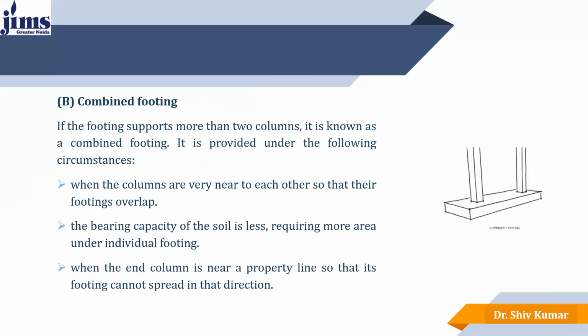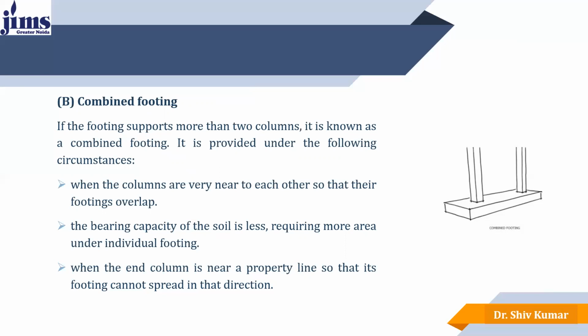The next one is the combined footing. The combined footing is provided based on the following conditions mentioned in the PPT: when the columns are very near to each other and it's not possible to provide an individual footing to each column, or the bearing capacity of the soil is less, or the end column is near a property line so that the footing cannot be spread in that direction.